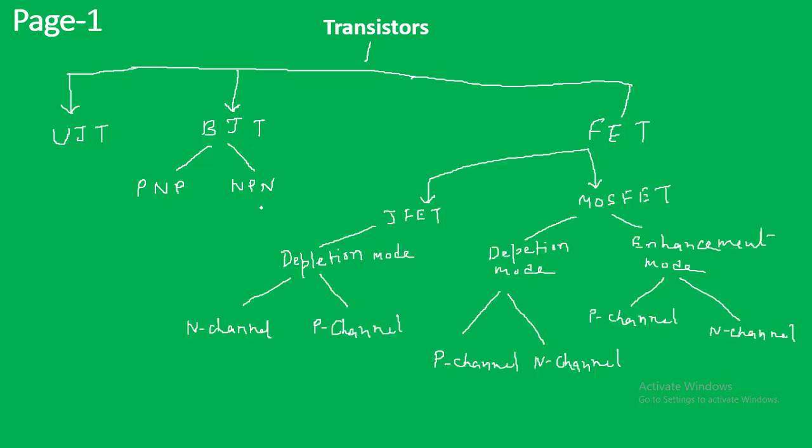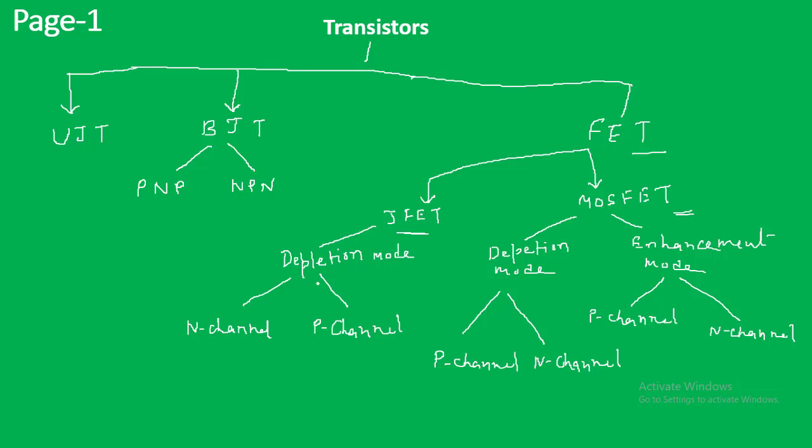Then we have the field effect transistor, FET, and here we have two types. One is called JFET, which stands for junction field effect transistor, and the other is MOSFET, metal oxide semiconductor field effect transistor.